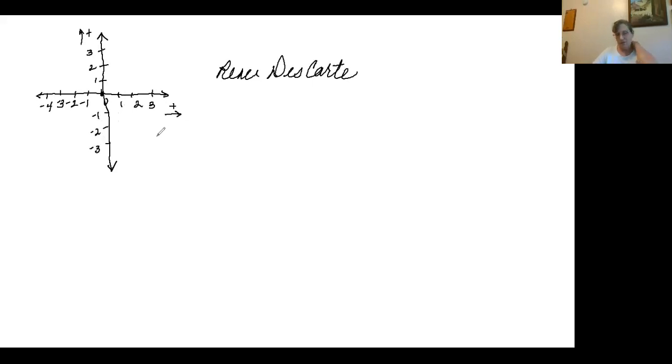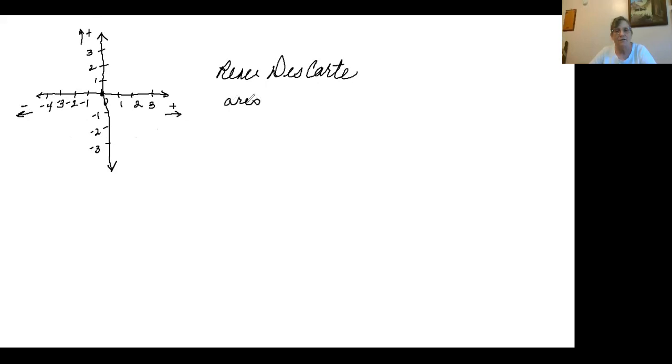And you'll have to excuse the wiggliness of my lines here, because that's about the best we can do on this. So positive horizontally is to the right, horizontally negative would be to the left. On the vertical, we call these axes.